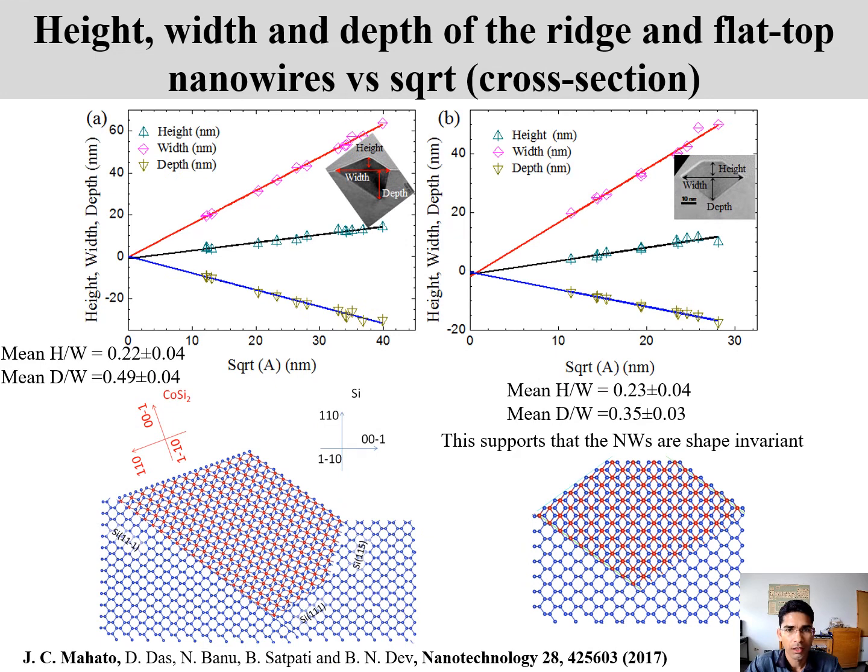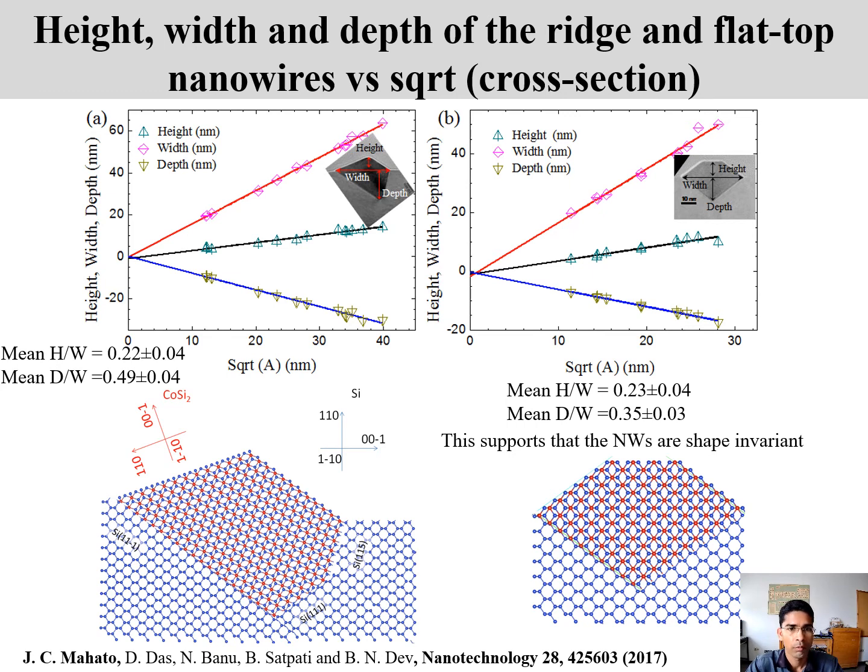To investigate the evolution of the two distinct types of cross-sectional nanowire, we have calculated the height from the surface level, depth from the surface level, and width at the surface level for the two distinct types of nanowires from different sizes of cross-section from different TEM images.